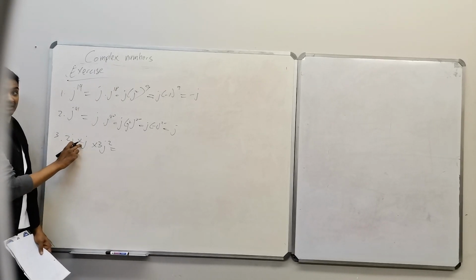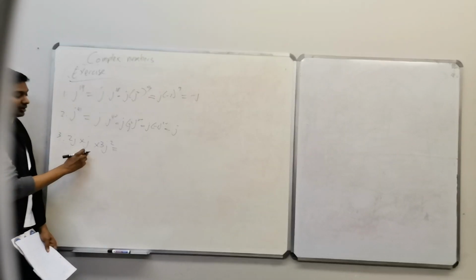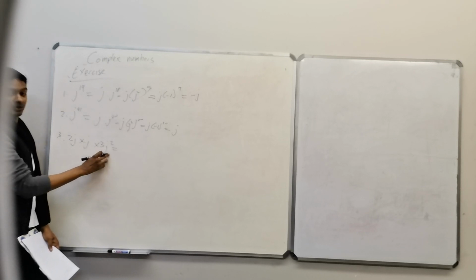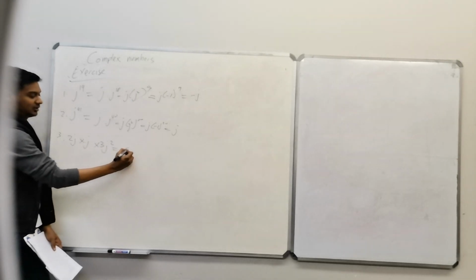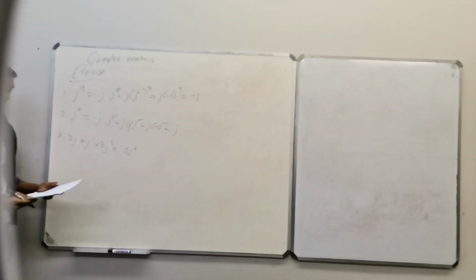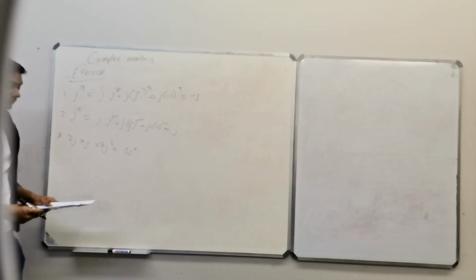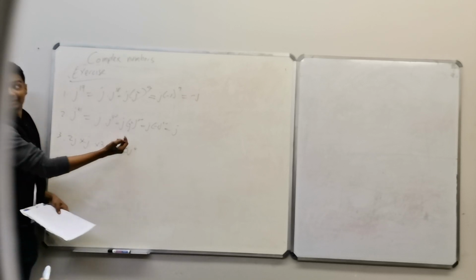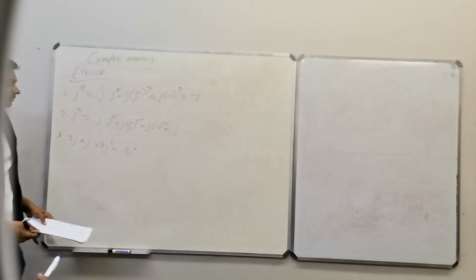2j times j is 2j squared. 2j squared times 3j squared is 6j to the 4. Why does it look like that? We just leave it like that.